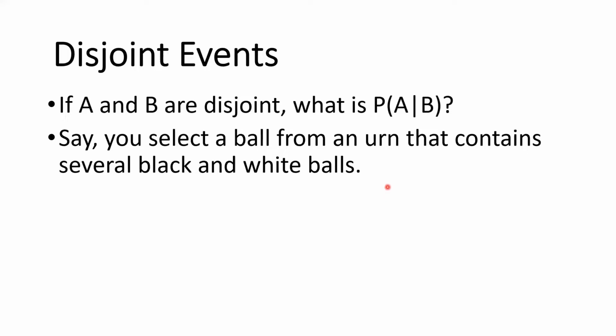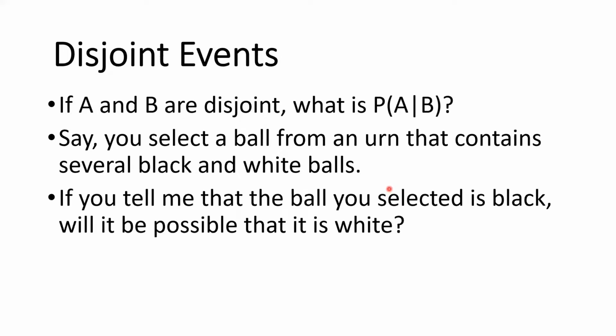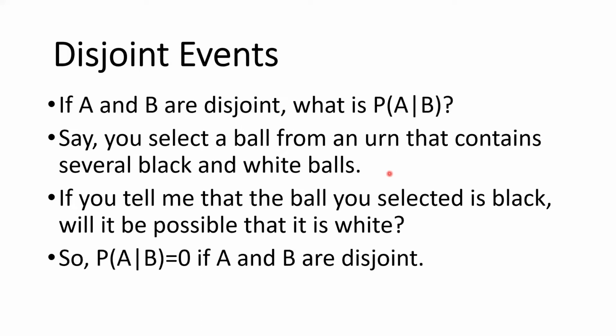Let's call B the black and A the white. Now, if you tell me that the ball you selected is black, is it possible that it is white? Well, it's not. So the probability of A given B is 0 if A and B are disjoint.